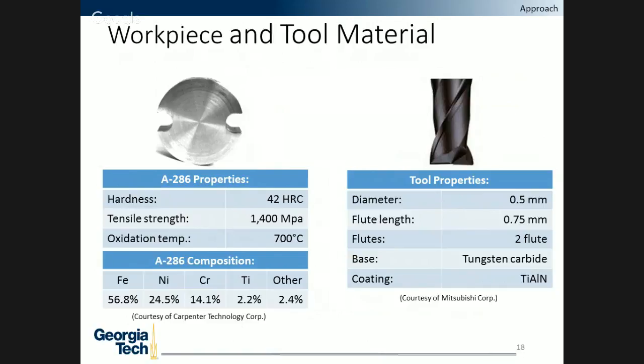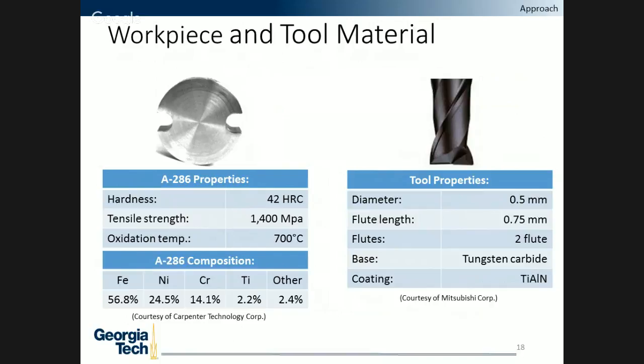But along with these great properties, it is very difficult to machine into parts. Part of that reason is its very high nickel content, and because of that, it work hardens significantly more than stainless metals.